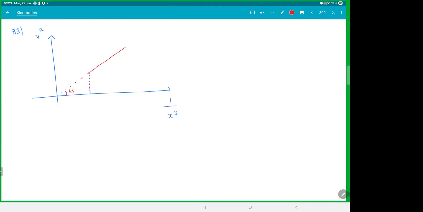This angle is 45 degrees, and this is 1 by 8, and this is 1. This point is B, and this point is A. Now, v square versus 1 by x cube, what graph is this? There's no graph like this. Find acceleration and time taken to go from A to B.